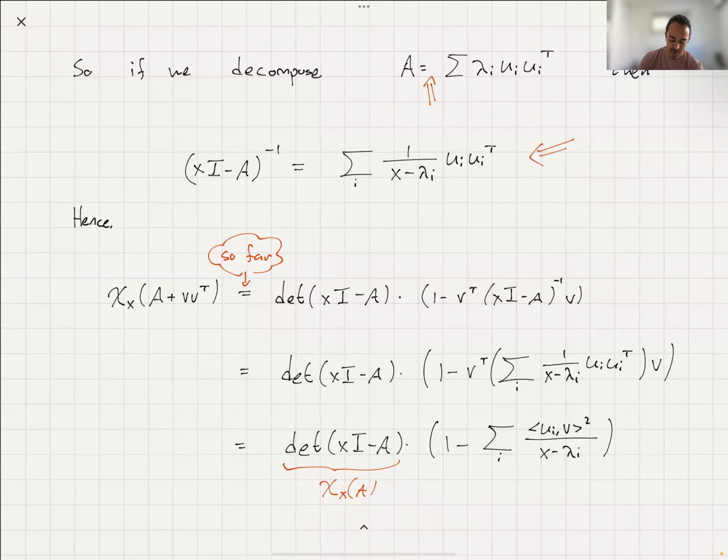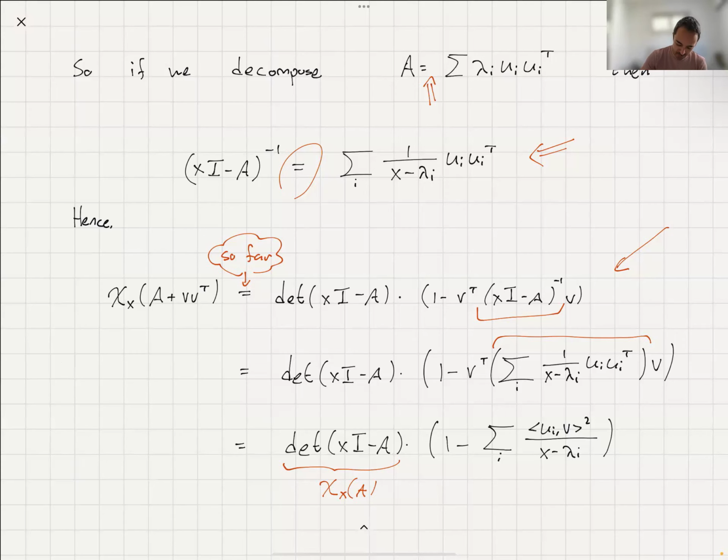So lambda_i translates to an eigenvalue of 1 over x minus lambda_i, right? So xI minus A inverse has this form, and plugging it into what we had so far, this equality instead of that just gives you this, really plug and play. And now the V transpose and V, you can put them inside the sum, and you'll get V transpose u_i times u_i transpose V, which is nothing other than the inner product of u_i and V squared.